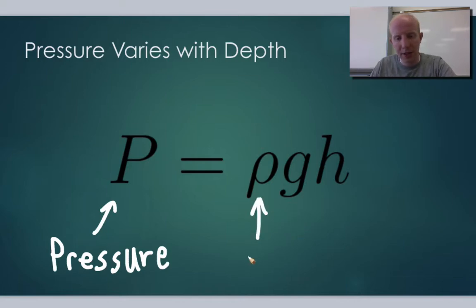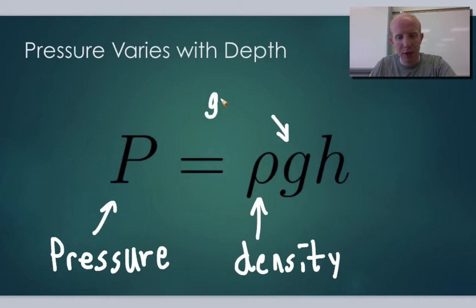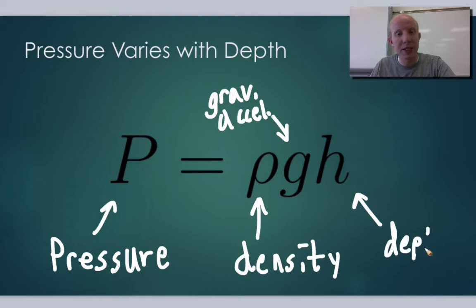It's equal to the density of the fluid, which if it's water it's 1,000 kilograms per cubic meter, times g, which is gravitational acceleration, times the height or the depth of the fluid, how deep inside the fluid you are.